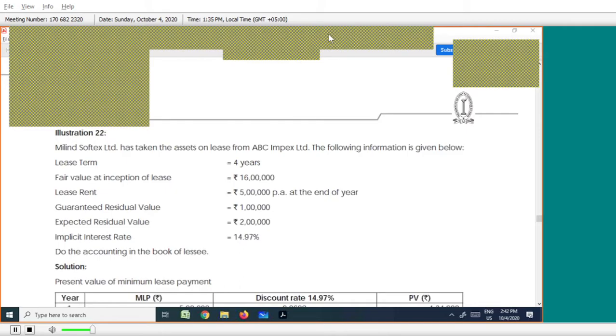Swati, finance lease. Padmavati, finance lease.